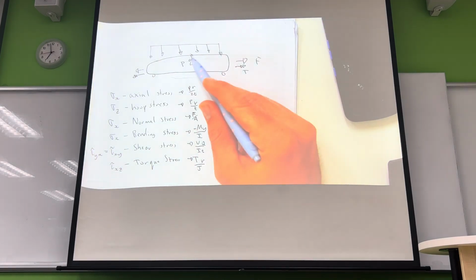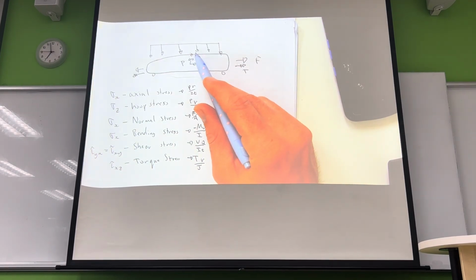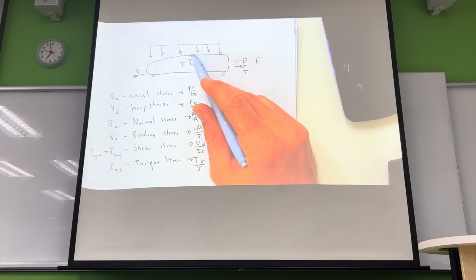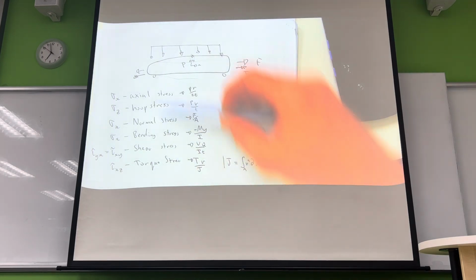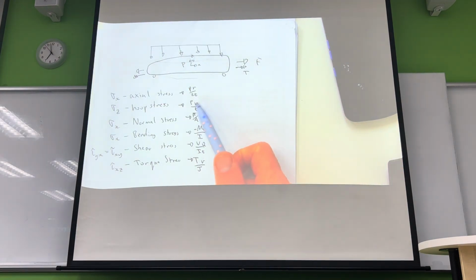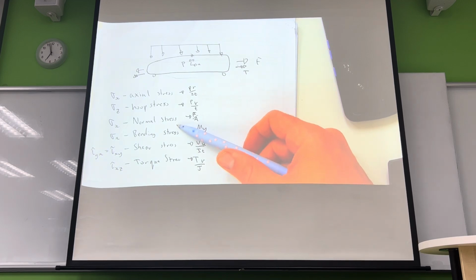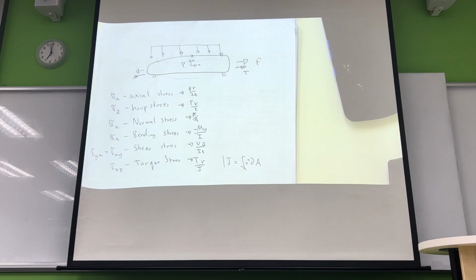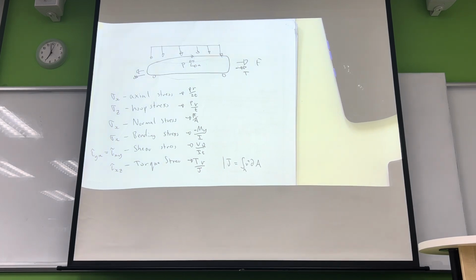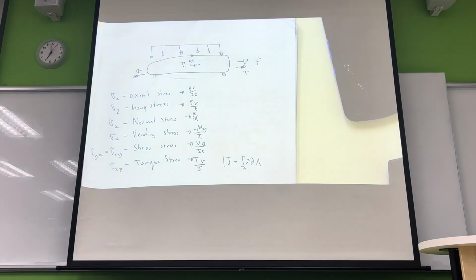For this point up here, it's on the X face, but it's in the Z direction. So look at all this, look at this poor pipe. It's undergoing so much. But you can see all the different stresses, and they're all acting in different directions. And the question would be, okay, how do we combine these?